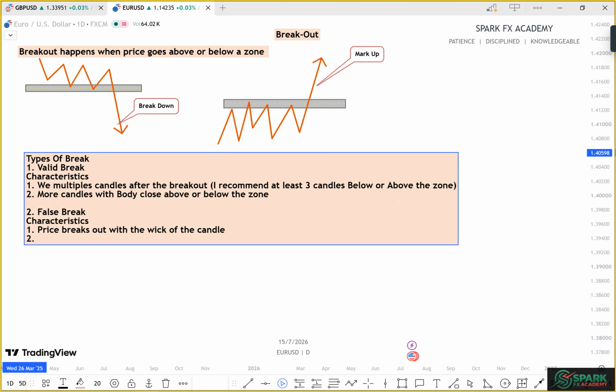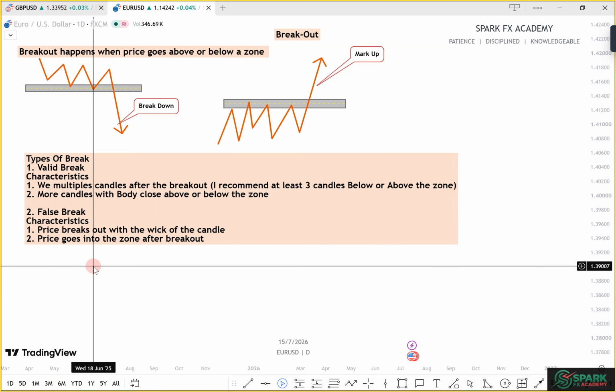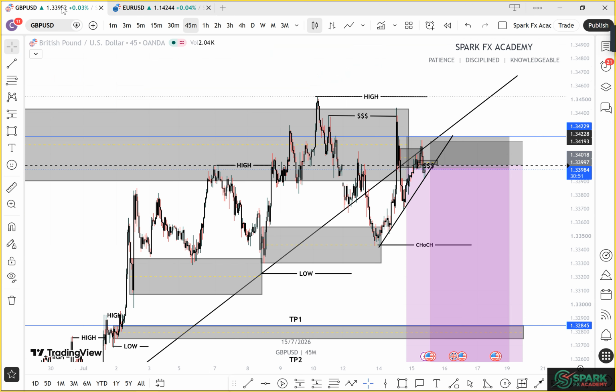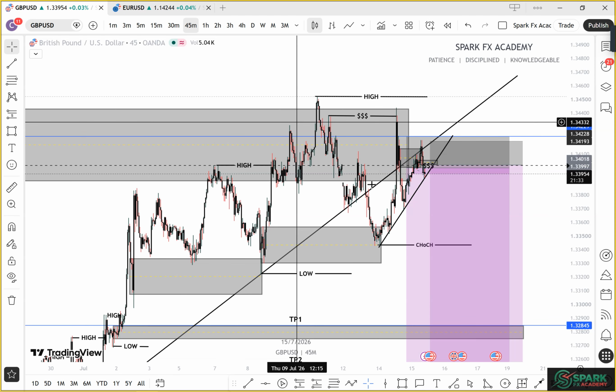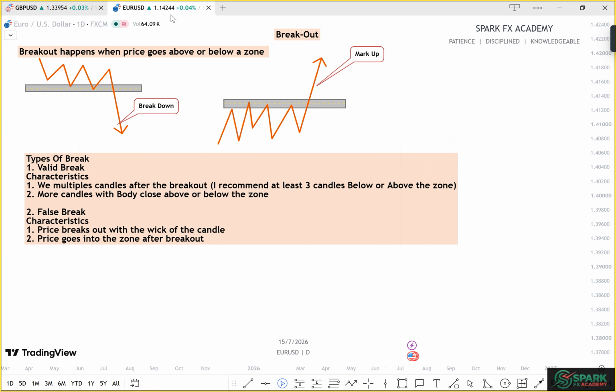Number two, price goes back into the zone after breakout. So these are two characteristics. Basically, a false breakout is anything that is not the valid breakout. Are we together, sir?